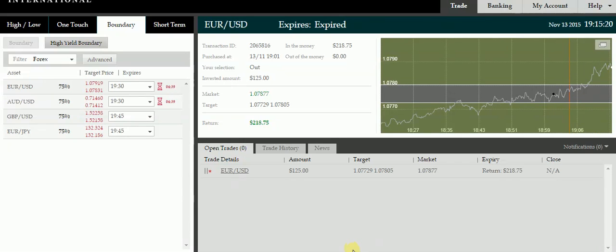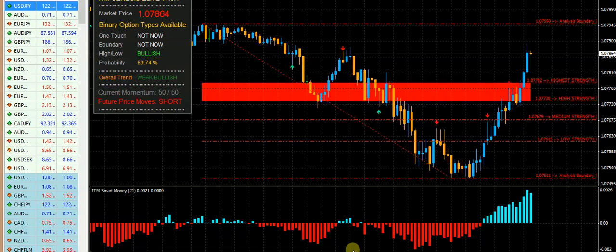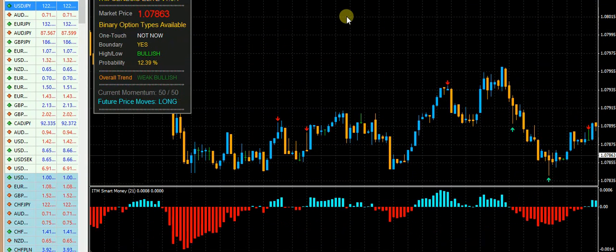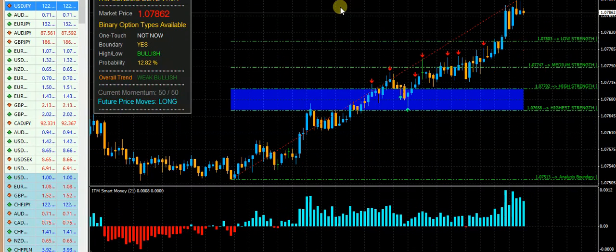So let's go back to a chart to show you what happened. So this is a 5-minute chart. We just put it on a 1-minute chart that we are using to enter positions.